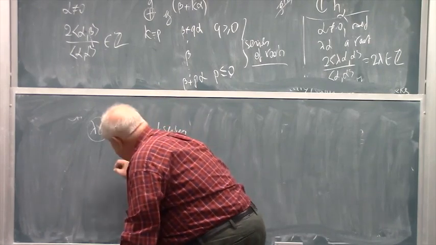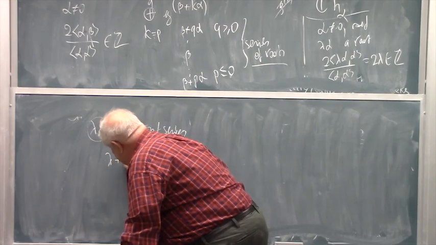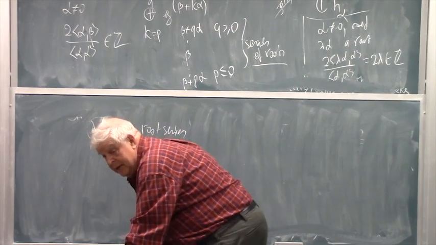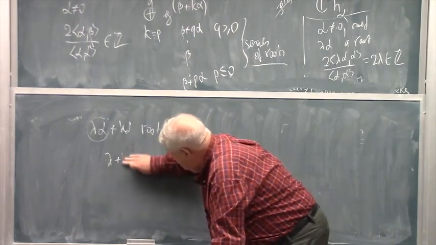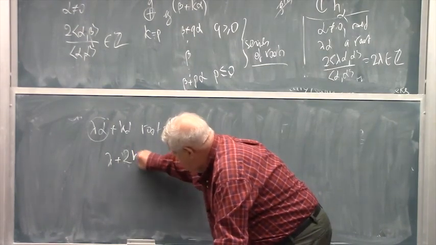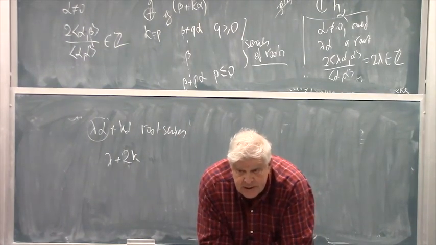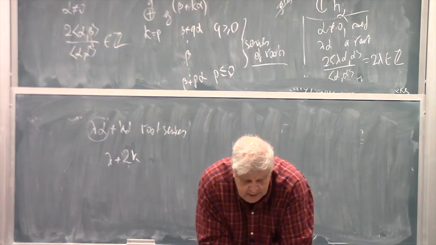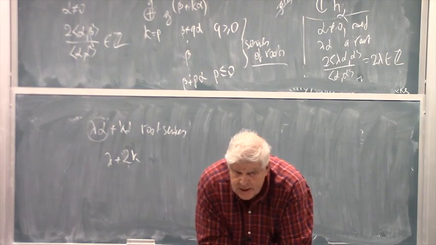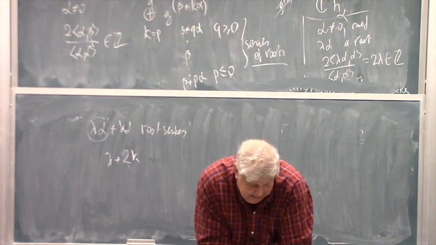And now 2 lambda plus 2k become eigenvalues of h, right? And they form a symmetric sequence of integers, symmetric with respect to 0.